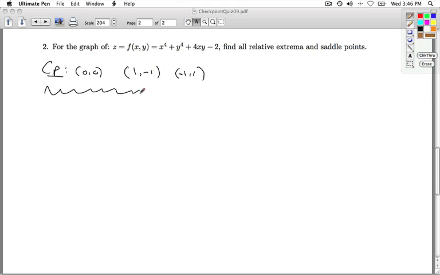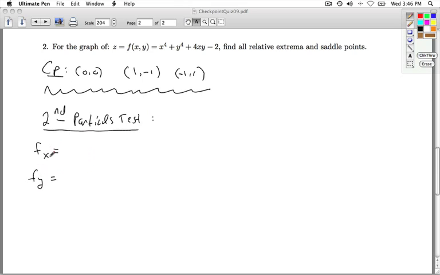So what do we do with the critical points? We run them through the second partials test. So we have fx and fy from before. Fx was 4x cubed plus 4y, and fy was 4y cubed plus 4x.